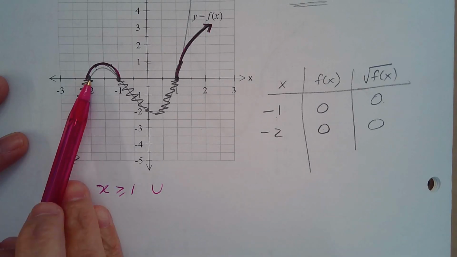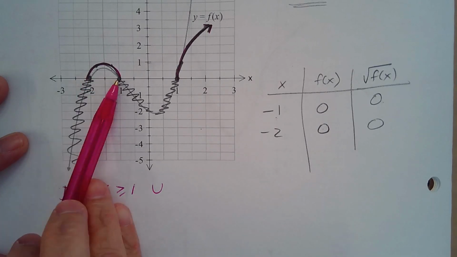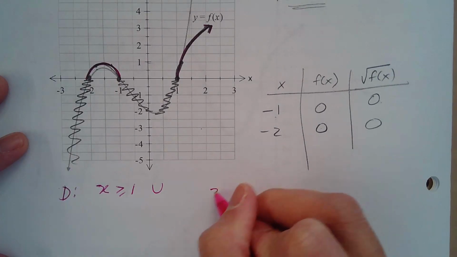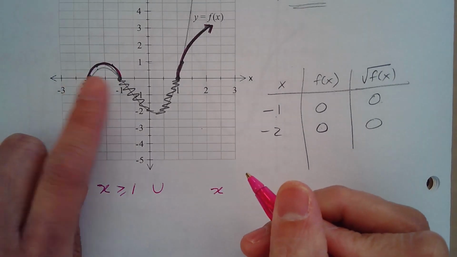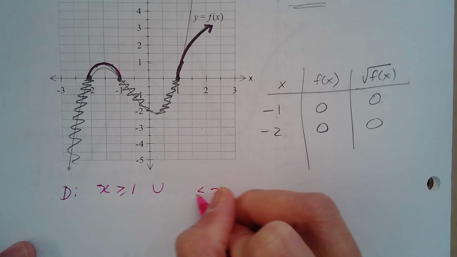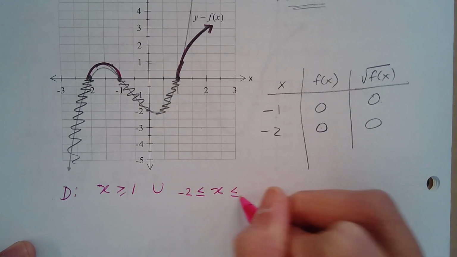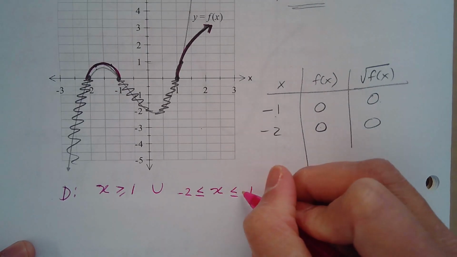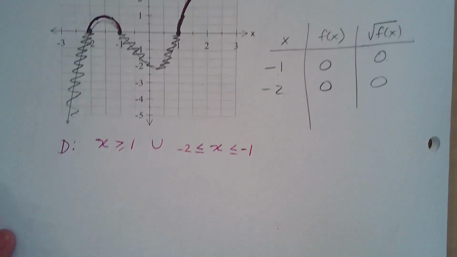And then this one would be, okay, between -2 and -1. So greater than or equal to -2, but less than or equal to -1. Okay.